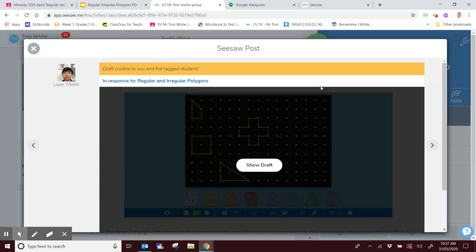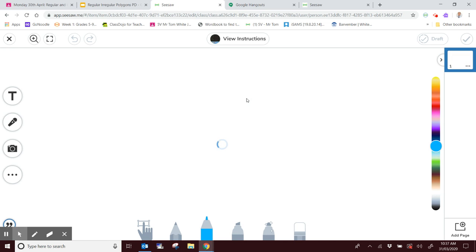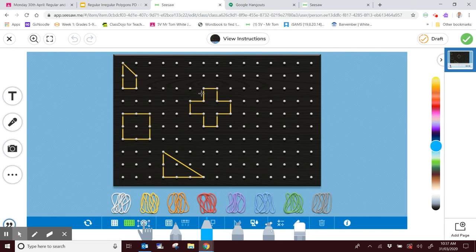And Liam's, a couple of people did this as well. This shape, although all the sides are equal, if I just have a look at editing this, so all sides are equal, they're all 1. On the inside here, I'm actually drawing on, that is a right angle. That is a right angle as well.